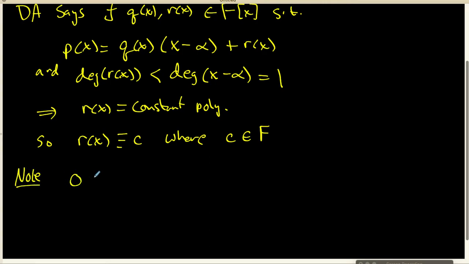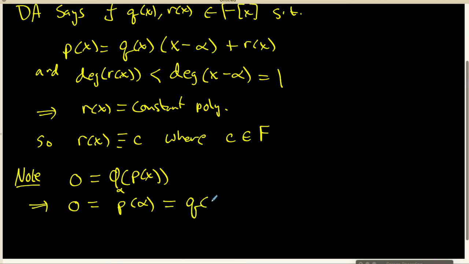We already know 0 is equal to phi sub alpha of p of x. And so that's going to tell me that 0 is equal to p of alpha. But p of alpha is just q of alpha times alpha minus alpha plus our c. And now I want to think about it.